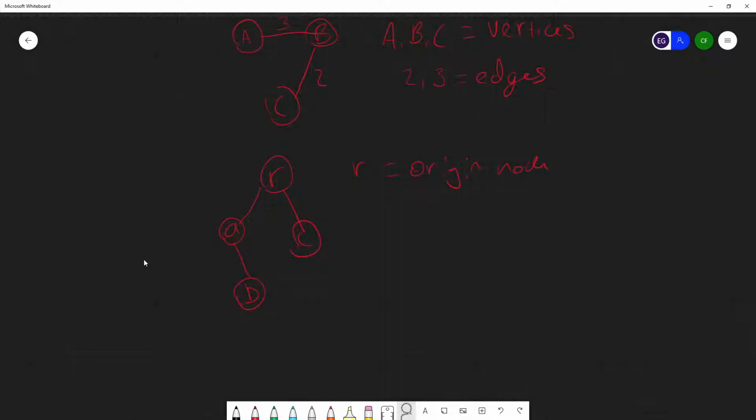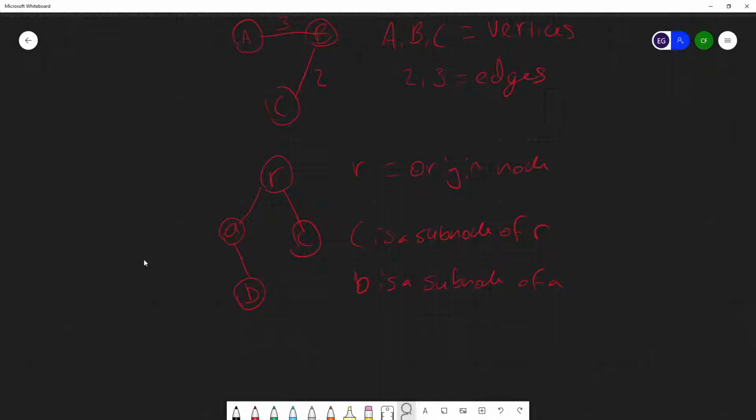And in this tree we can see that we have some subnodes. So C is a subnode of R, and B is a subnode of A, and obviously A is a subnode of R.